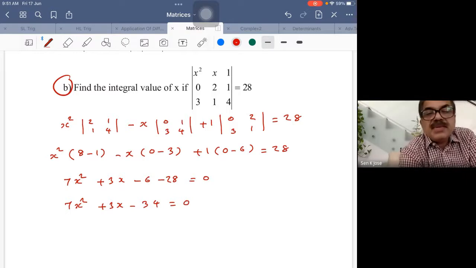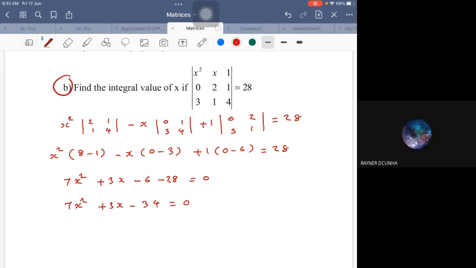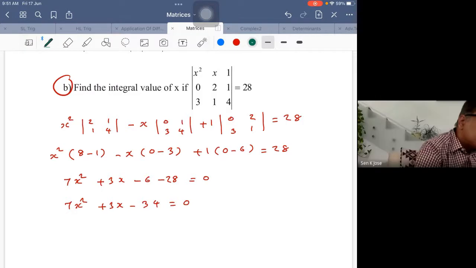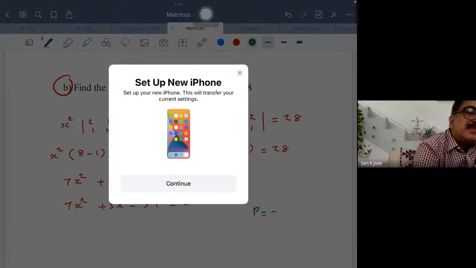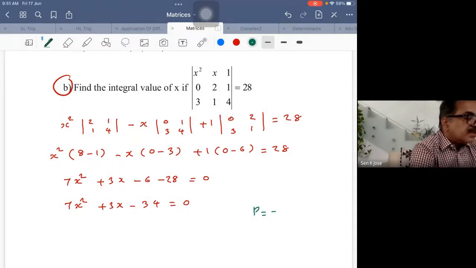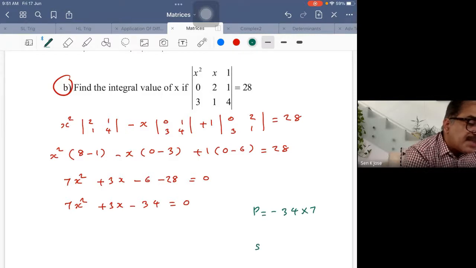Did anyone get the numbers like that? Okay. So product is negative 34 into 7 and sum is 3.